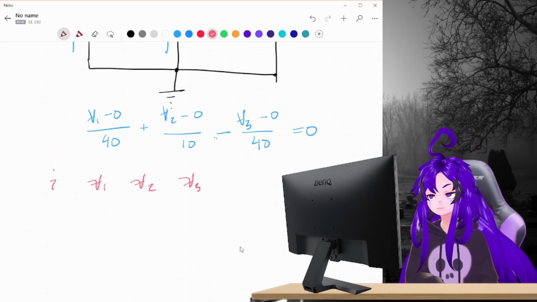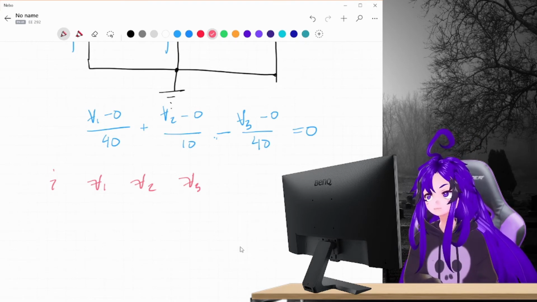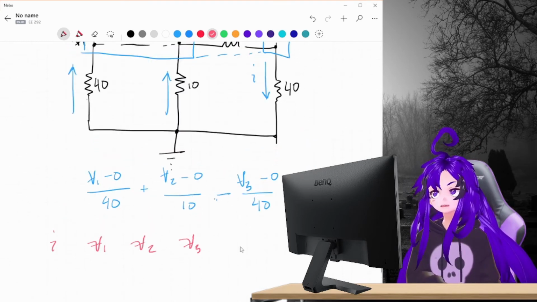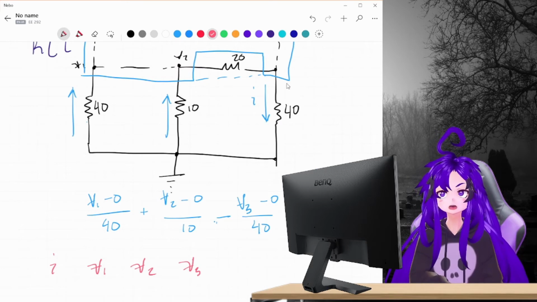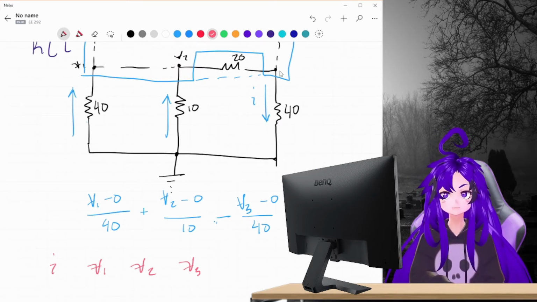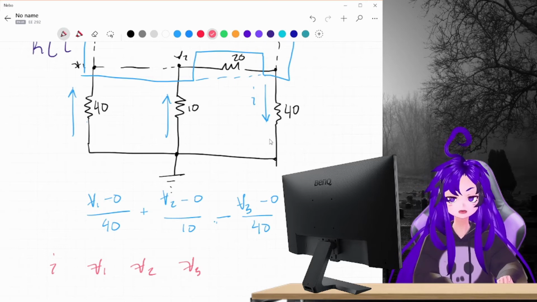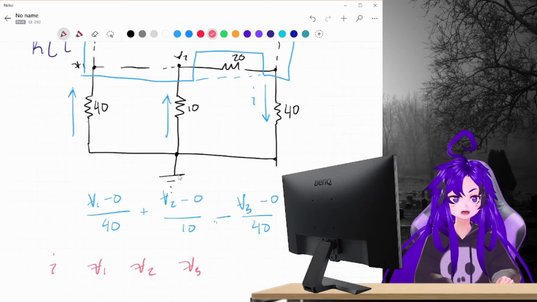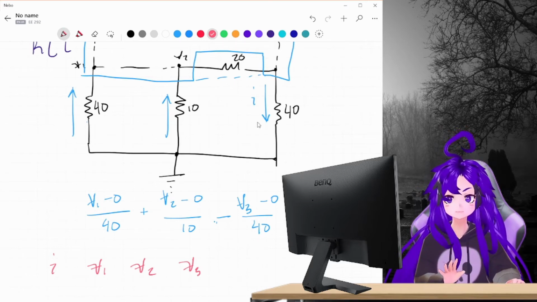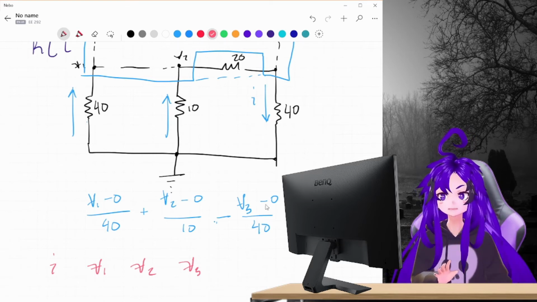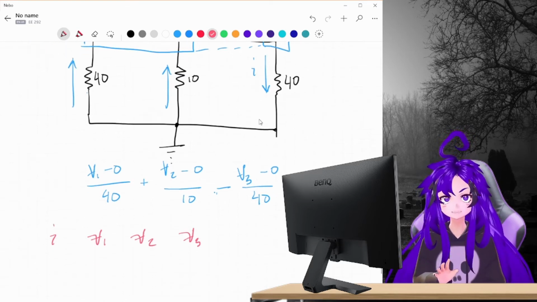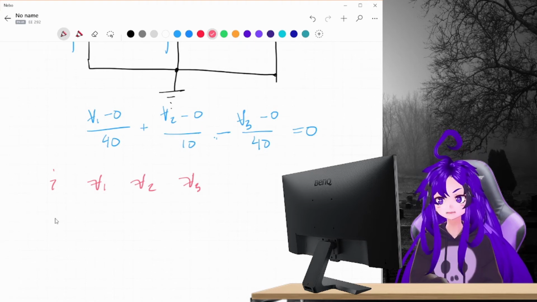So we are going to first, because it's the easiest one, look at this I. So I is the current that comes out of this node down this branch. And this branch goes straight to the reference node, straight to ground. So this is like the ideal case of just apply Ohm's law.